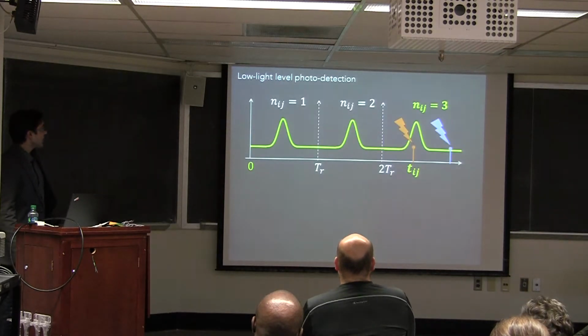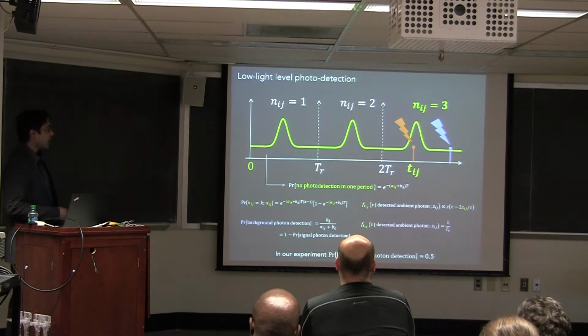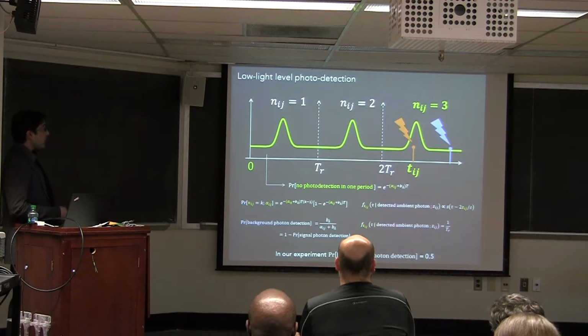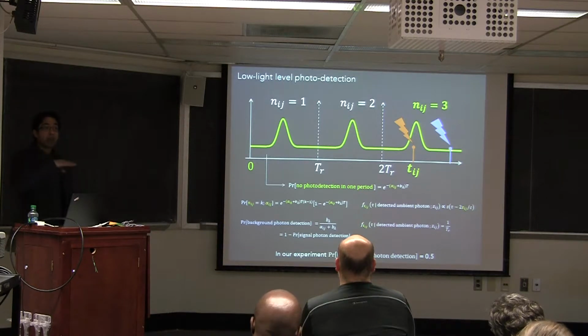All right, now looking at this in a little bit more detail, it's easy to derive the probability of having no photon detection in one period, and that directly gives us the parameter of the geometric random variable. The PDF for T_ij is actually a mixture distribution. It has two different simple forms. There's a simple form in the case that the detection is due to ambient light. In that case, T_ij is uniformly distributed.